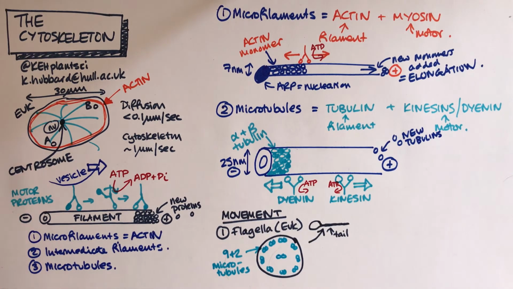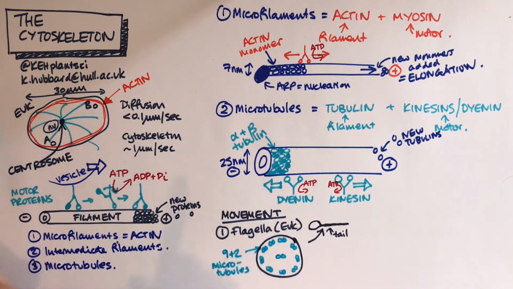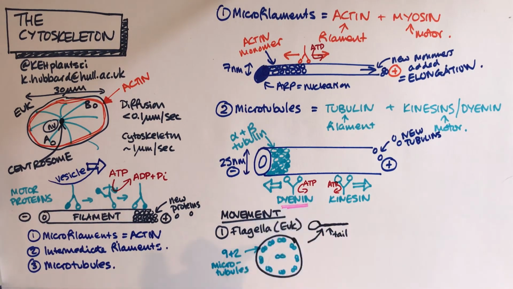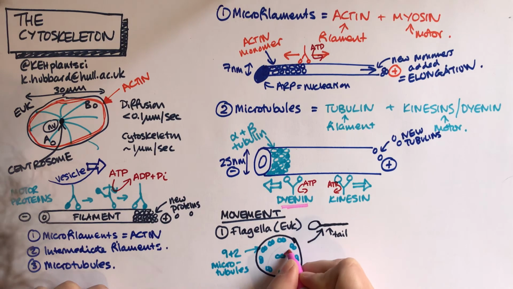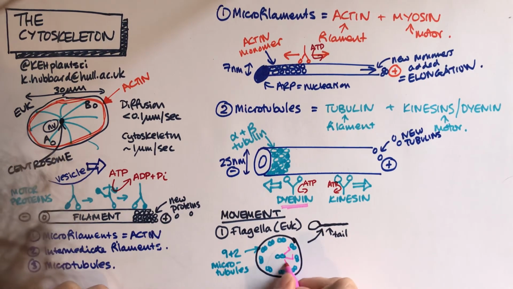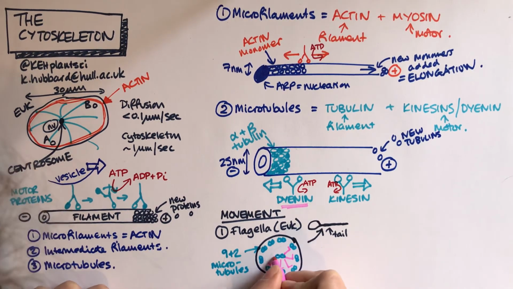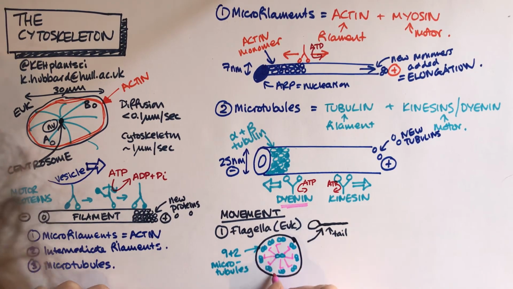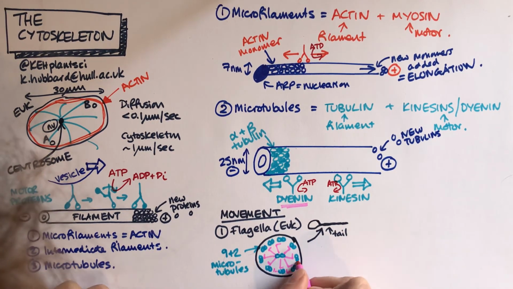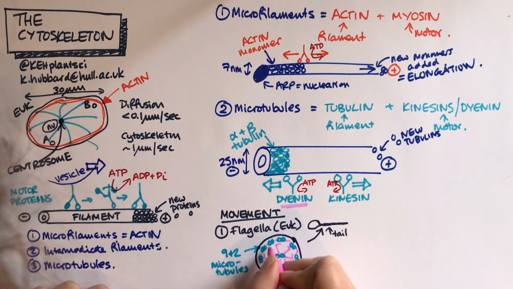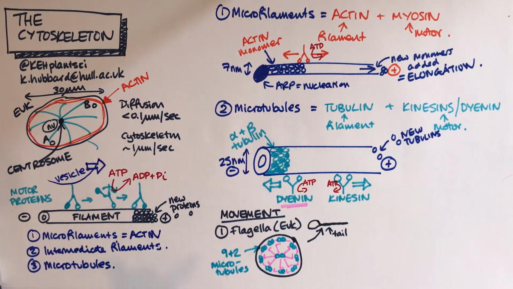Then what we have between them are a whole load of dynein proteins. Let's highlight dynein in pink there. We have dyneins radiating out to connect all these different microtubules, and we also have dyneins connecting around the outside. So the dyneins move the tubules in relation to each other.